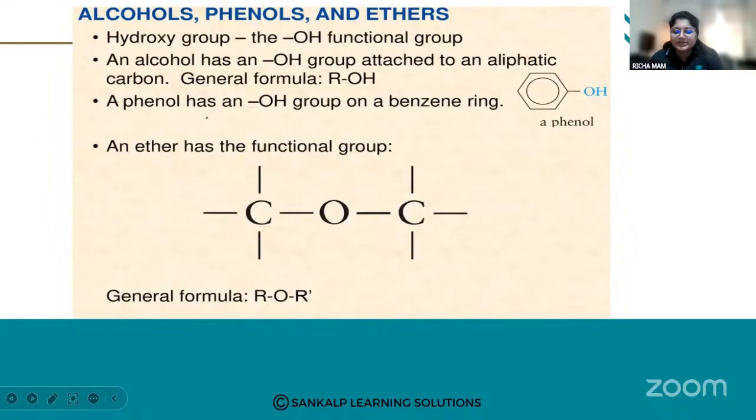When you consider the word alcohol, what functional group does it have? It has a hydroxyl group, the OH group.